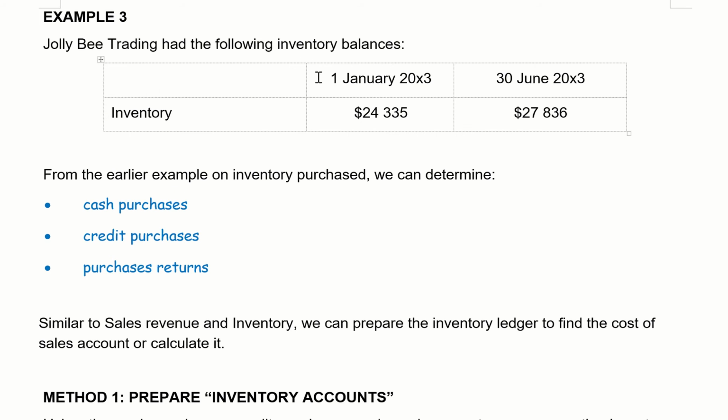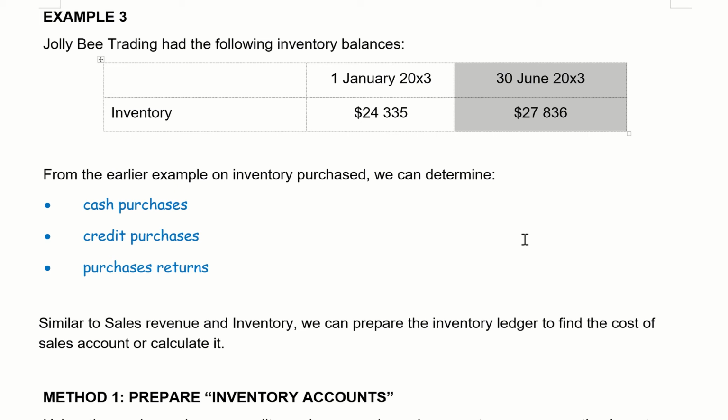On the first day of the year, the beginning balance, 1st of January 2000X3, there was a beginning balance of $24,335. On the last day of the year, which is the ending balance, there is an ending balance amount of 27,836 inventory balance.